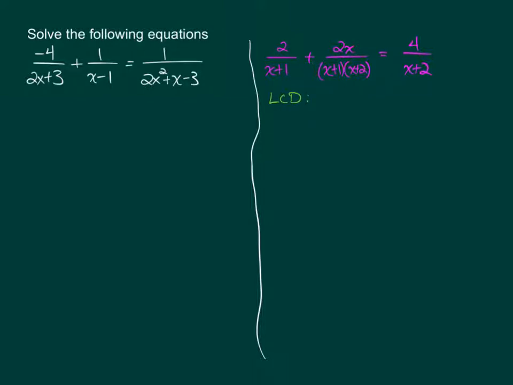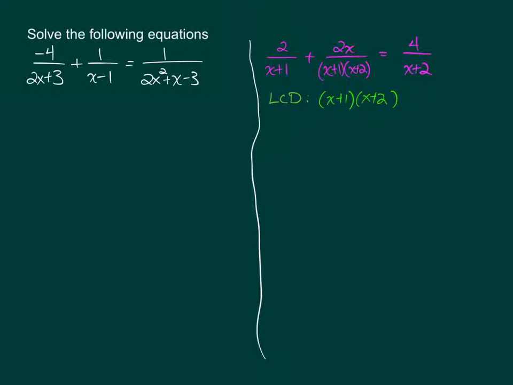Now again, the LCD is what is needed in order to get rid of all of the denominators. So if I want to get rid of this denominator, I know that I'm going to have an x plus 1 in my LCD. And if I want to get rid of this denominator, I also need to have an x plus 2.